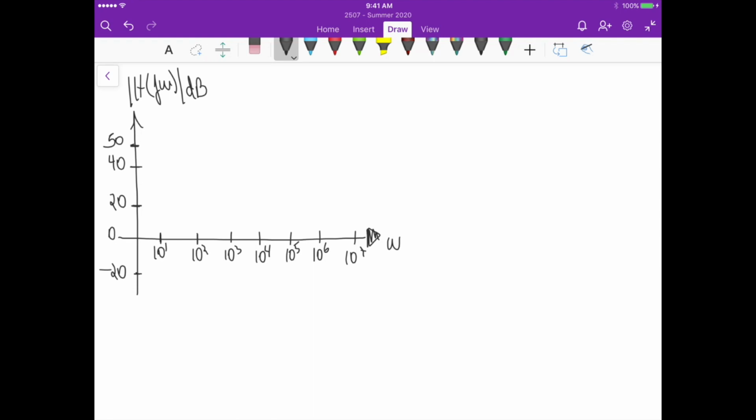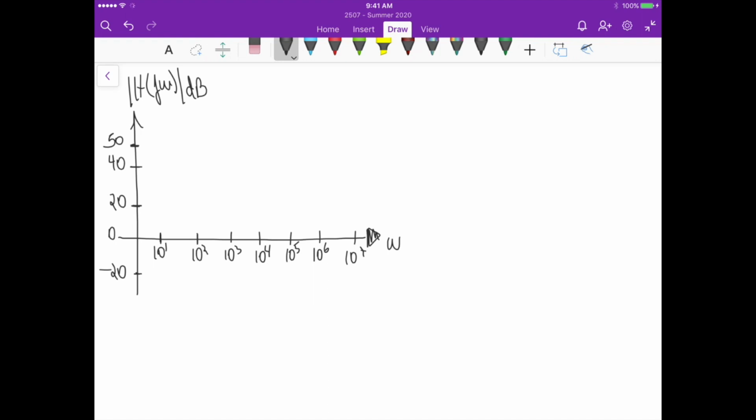So at 1k, at DC we have 50, right? But exactly at 1 kilo, that's not exactly 10 to the 3 radians, right? That would be the same as 2 pi times 1k, which is roughly 6 something.